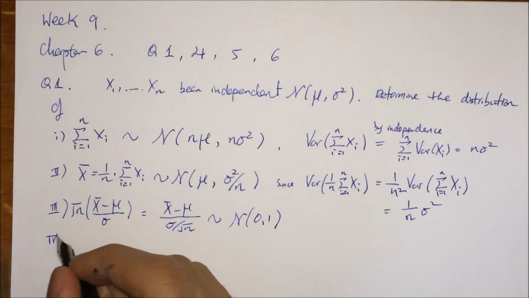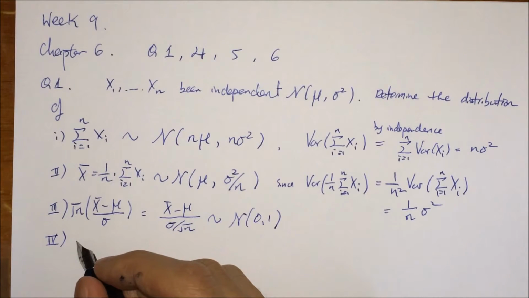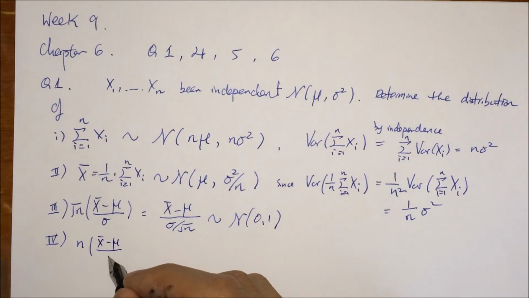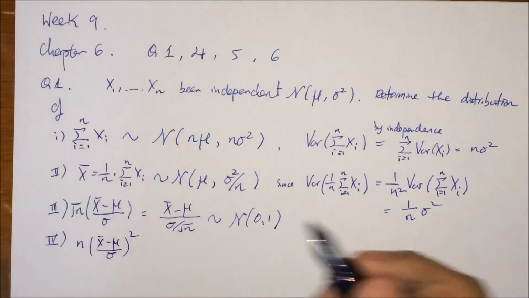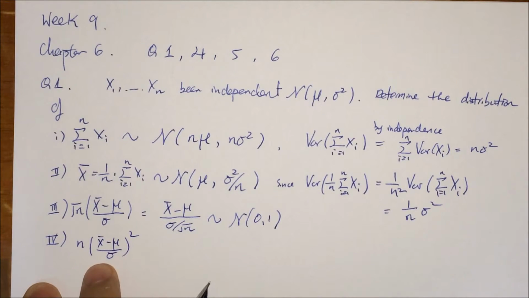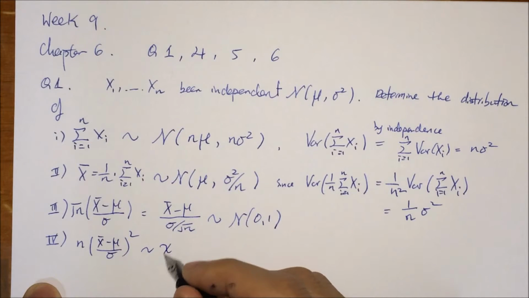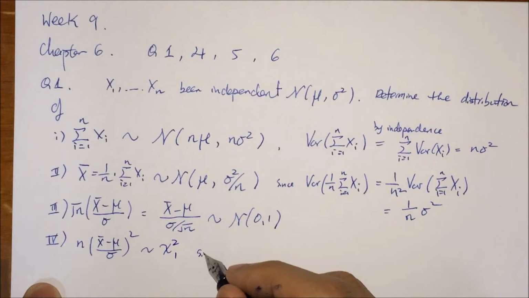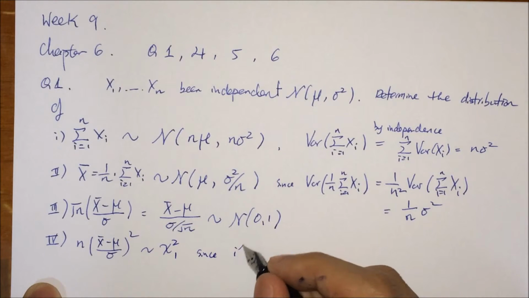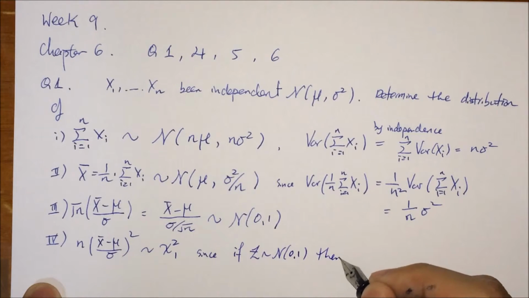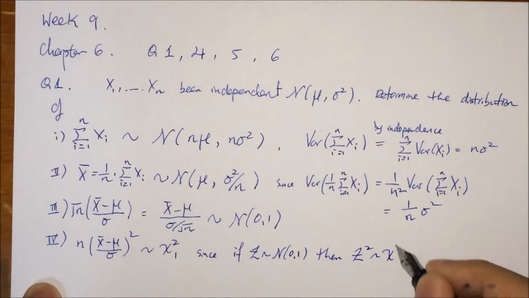Next, part 4, you have n times x bar minus mu on sigma, all squared. Just by looking at this, this is the square of the previous one, right? And from lectures we know that if z is normal 0, 1, then z squared must be chi-square distributed with parameter 1.